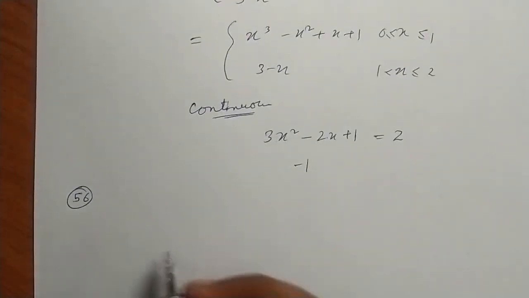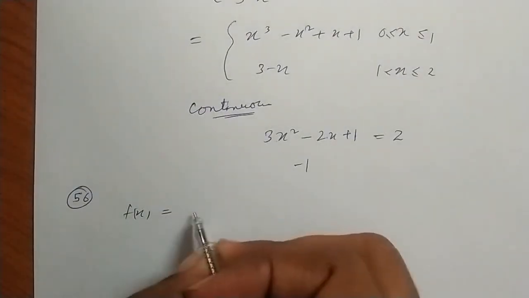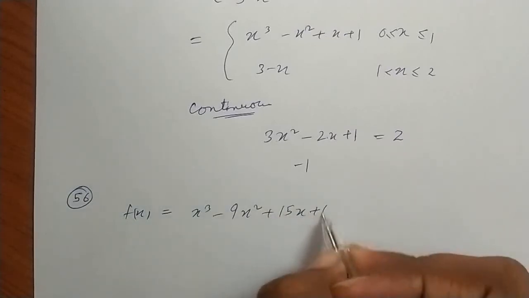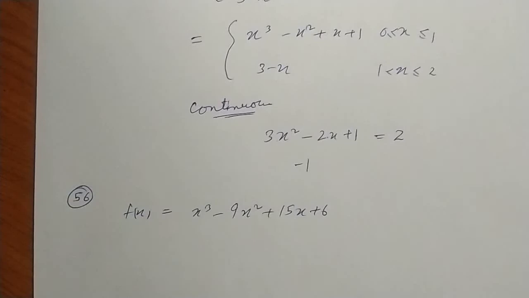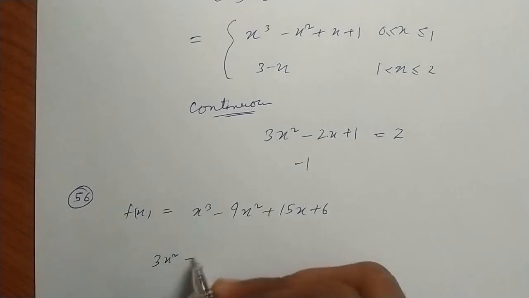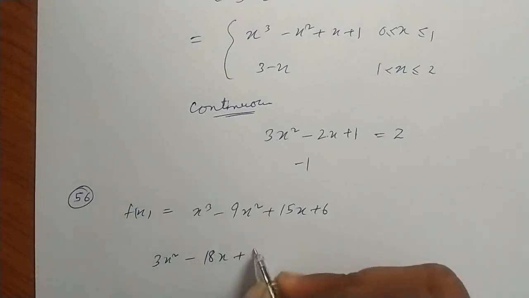So we have given f(x) is equal to x cube minus 9x square plus 15x plus 6. So let's calculate f dash first. f dash will be 3x square minus 18x plus 15.